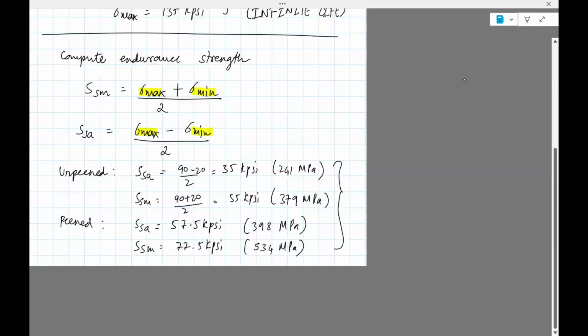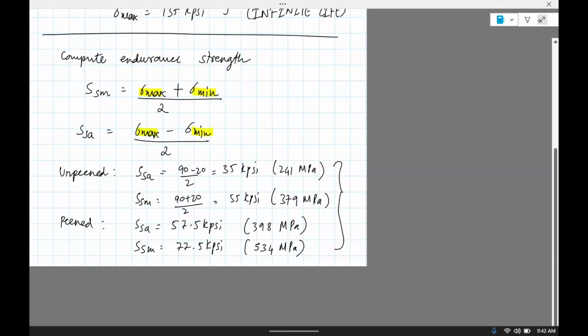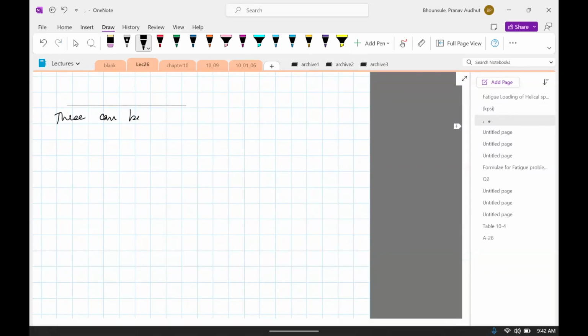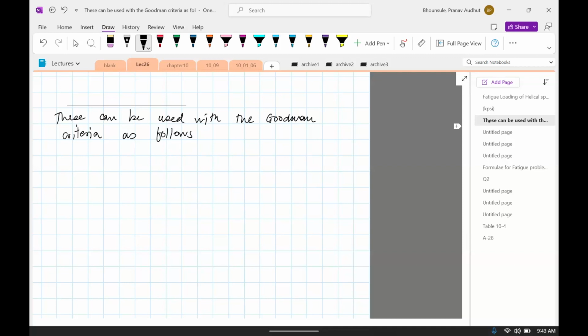The criteria which people normally use for springs is the Goodman criteria. So these can be used with the Goodman criteria. The only reason I use it with the Goodman criteria is because it is a predictor of stresses in a spring, and not all criteria are actually useful for springs.